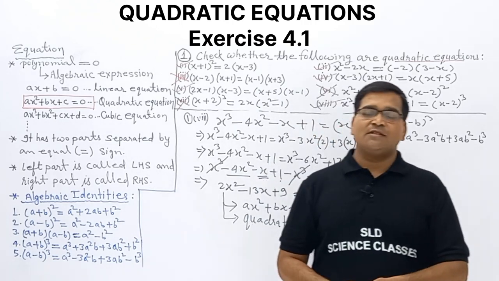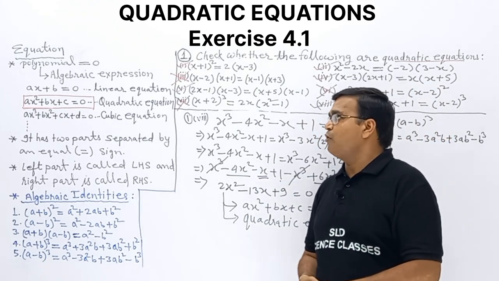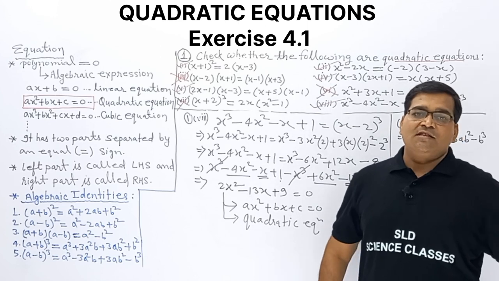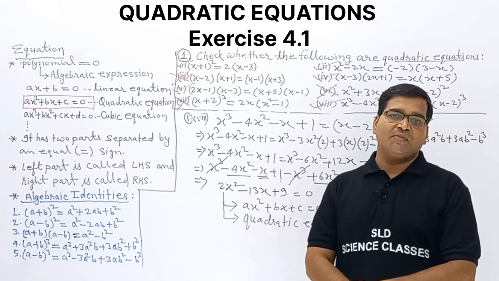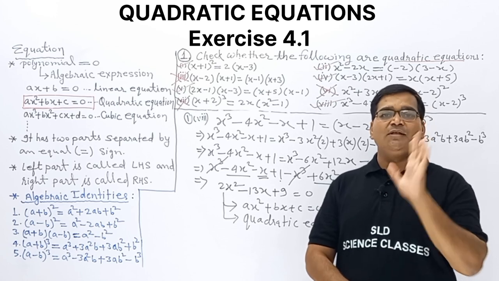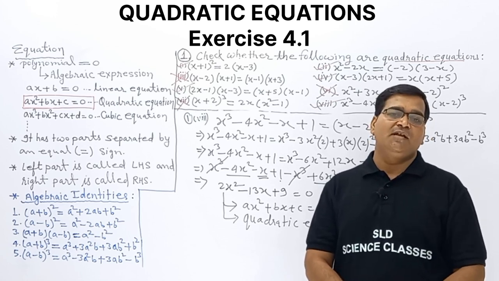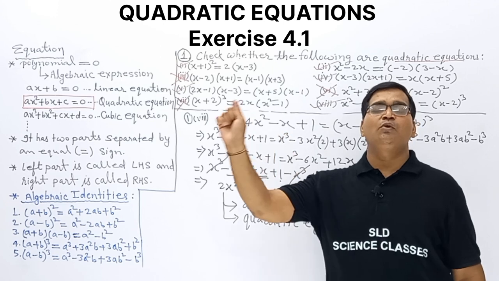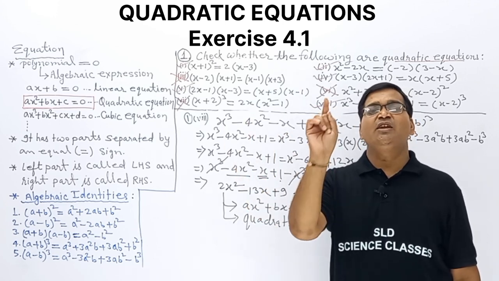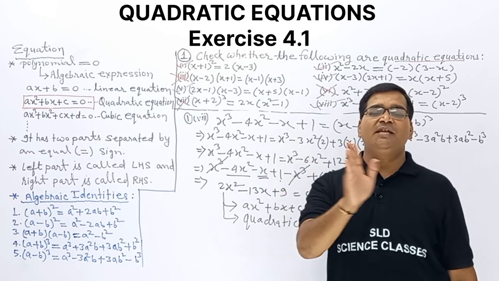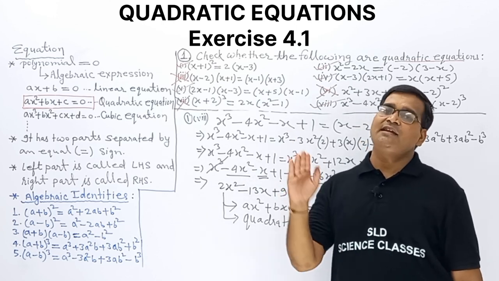In the quadratic equation chapter, I am just recalling all the things we have studied. This is chapter number 4, quadratic equation. One word we are using: equation. If a polynomial is equal to 0, and in the equation we have an equal sign separating the left hand side and right hand side.